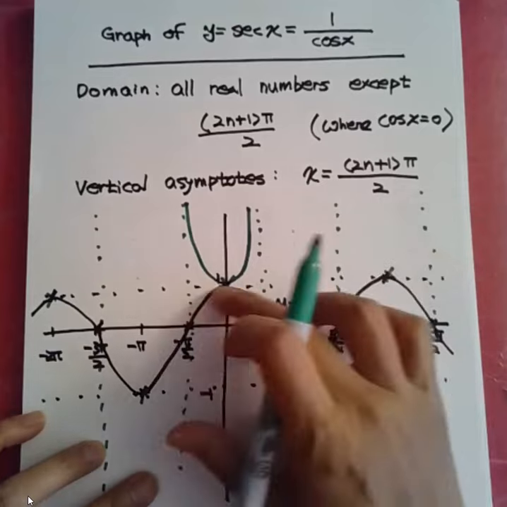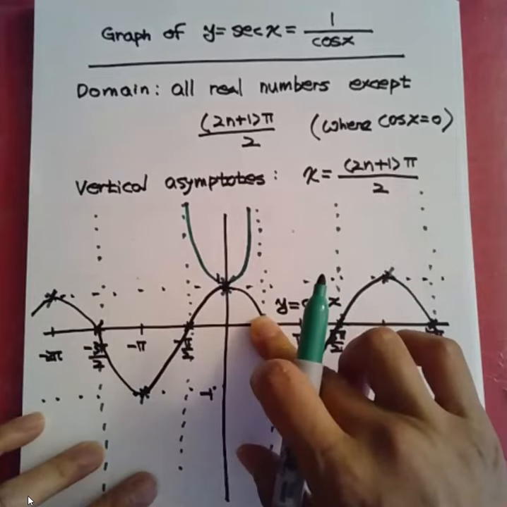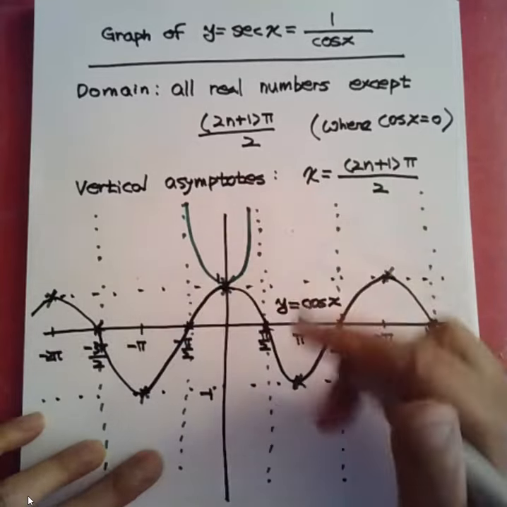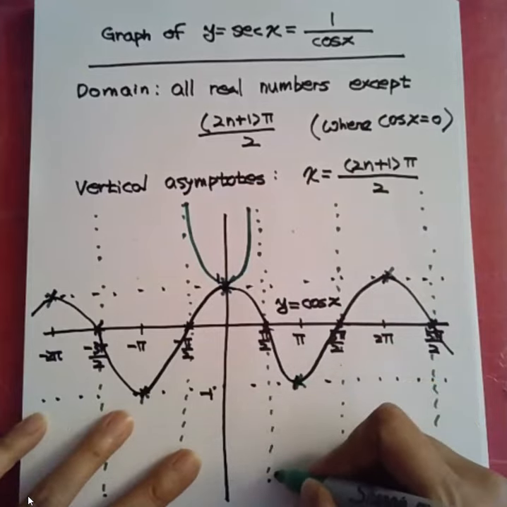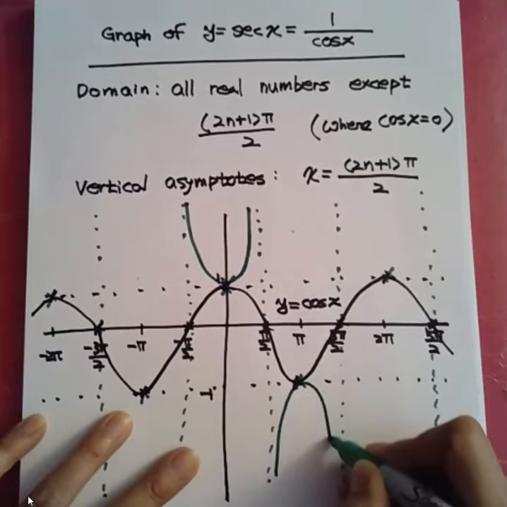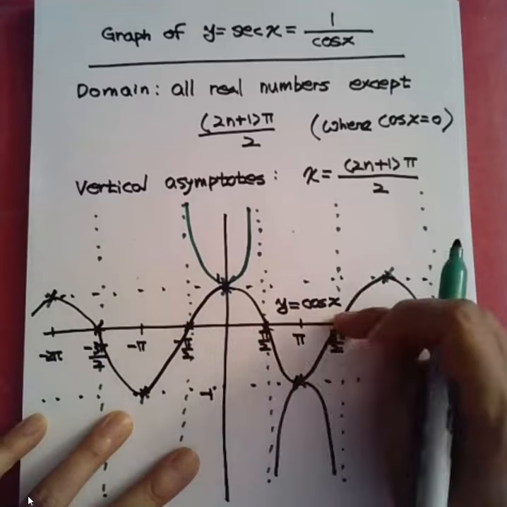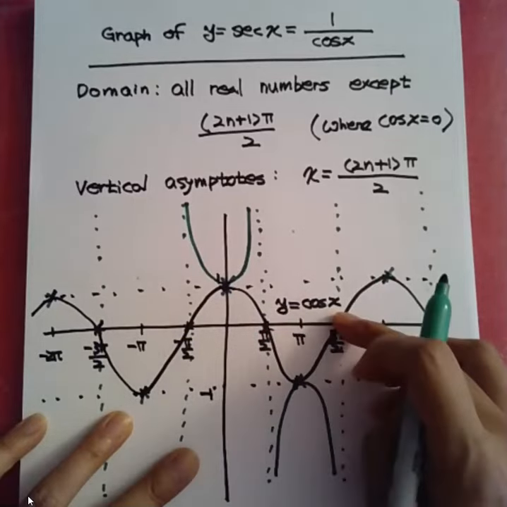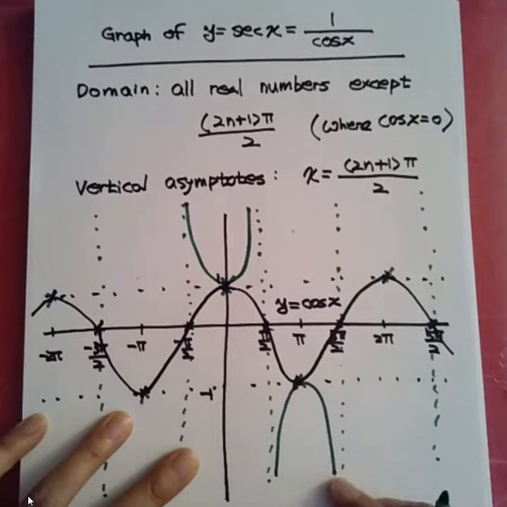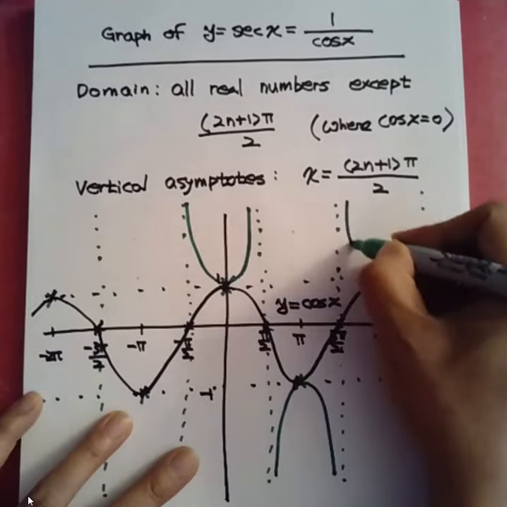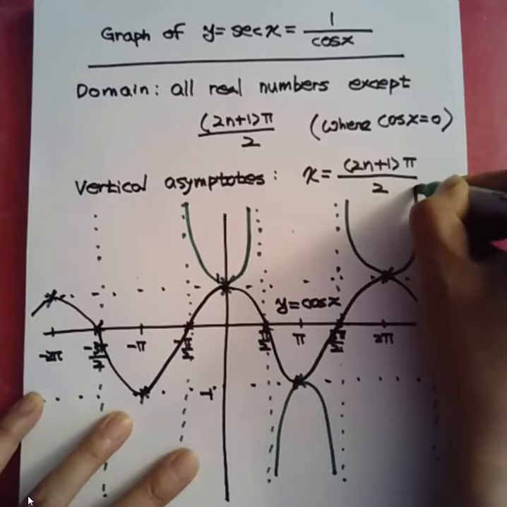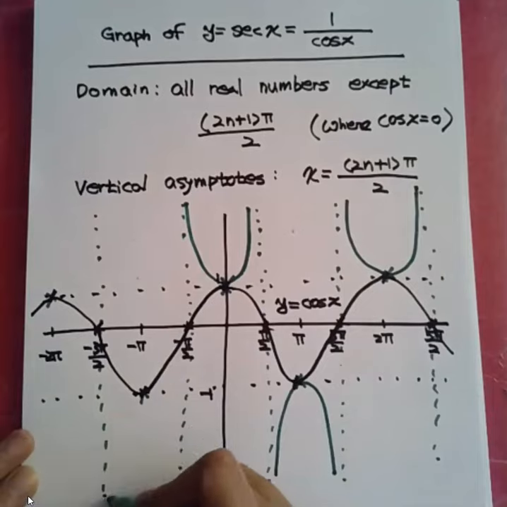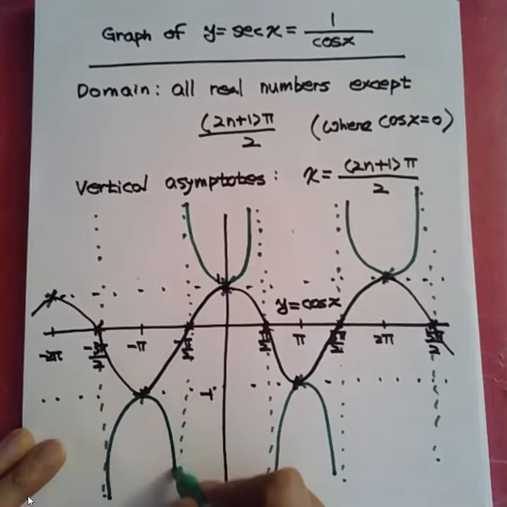So n-shape part in cosine function will become u-shape in the secant function, and u-shape in cosine will become n-shape in secant. So that will be patch of u and n-shape function.